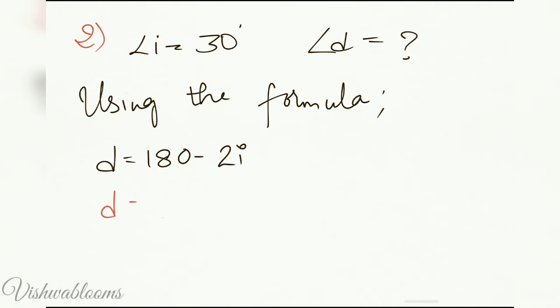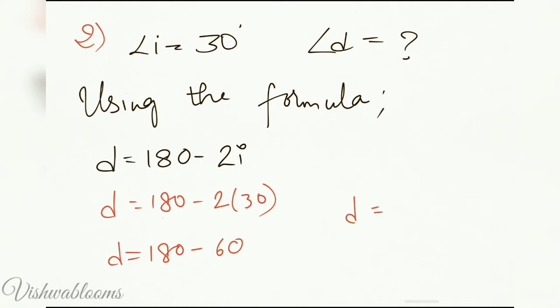D is equal to 180 minus 2 into 30. D is equal to 180 minus 60, which is nothing but 120. So this is the answer, option D.